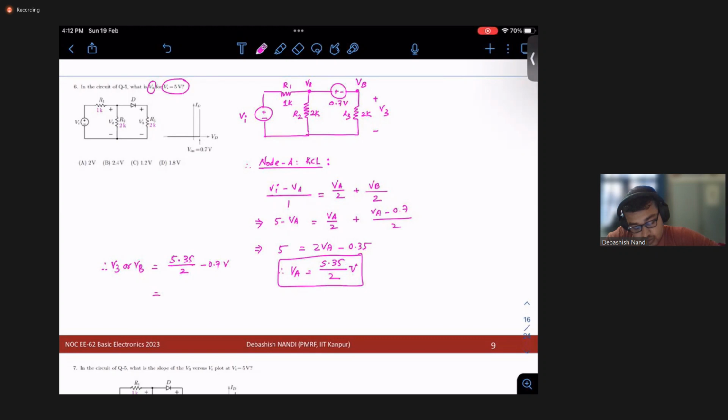That comes out to be, if I do not approximate, let's calculate it. 1.975 volt. So the option is not here, so the closest approximation would be 2 volt, right?